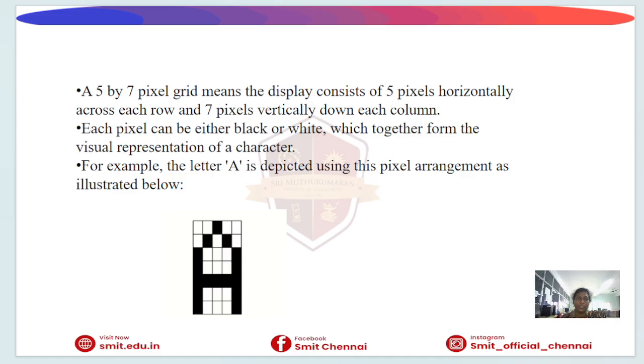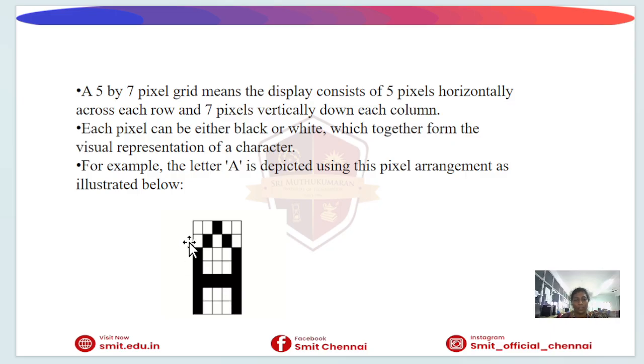Next is the 5 by 7 pixel matrix. Each character on the LCD is formed using a 5 by 7 pixel matrix. In the 16 by 2 LCD, that is 16 characters in two rows, and each character is formed using a 5 by 7 pixel matrix, that is 5 columns and 7 rows. Each pixel can be on or off.